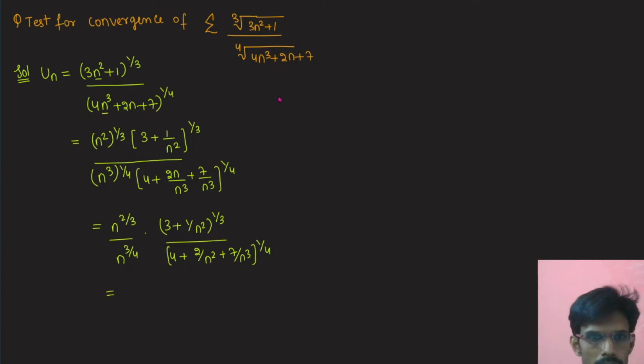Now take this n power of 2 by 3 to the denominator. This will now become 1 by n power of 3 by 4 minus 2 by 3 with this term.